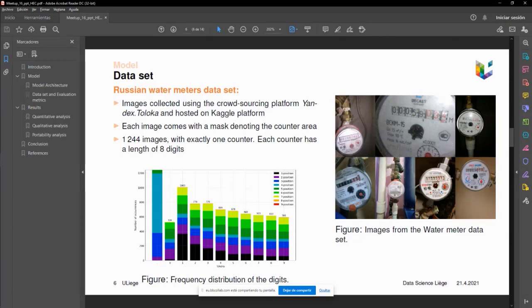And something that was interesting to us, given that this is a free open dataset that was not published anywhere, we decided to see if those water meters are real, coming from in situ uses, so that they were actually used by people. So we simply ran a check on the frequency distribution of the digits, and we saw that all the digits follow Benford's law, telling us that the distribution of the digits flows naturally.